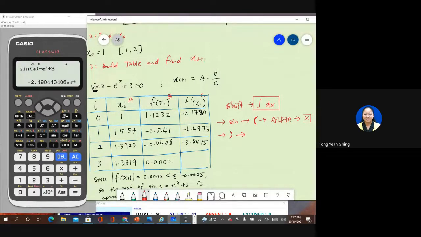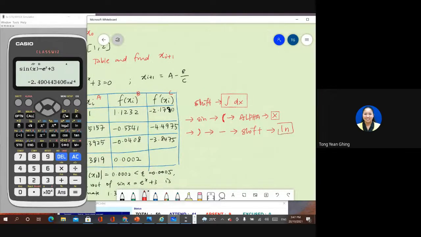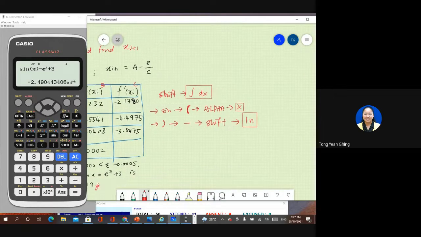Okay, lepas tu pergi minus. And then pergi shift lon. Awak pergi shift, lepas tu awak tekan ni lon. Shift lon, okay. Lepas tu awak buka lagi kurungan untuk dia punya power.